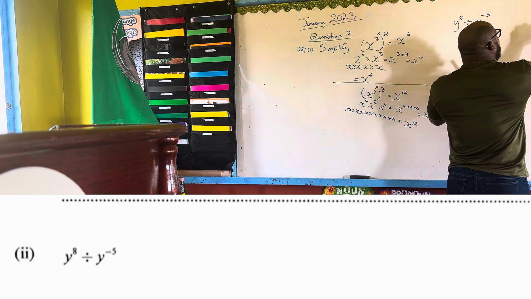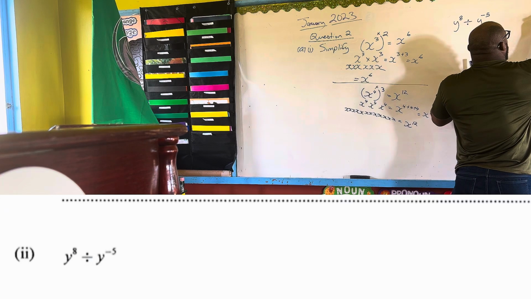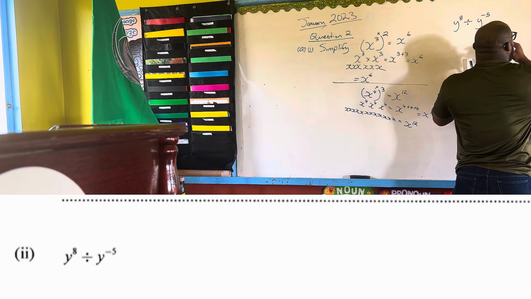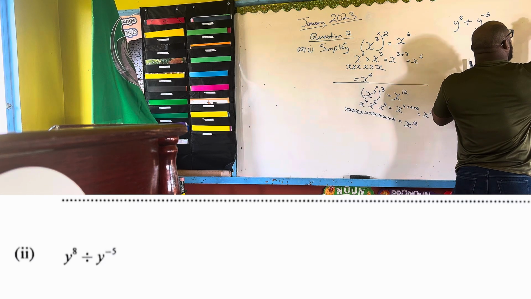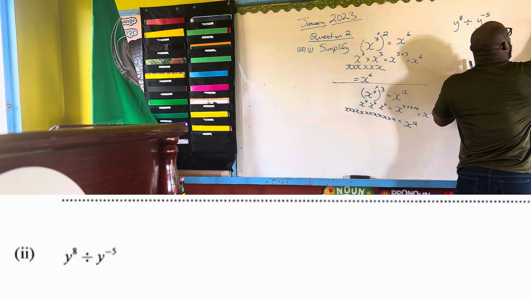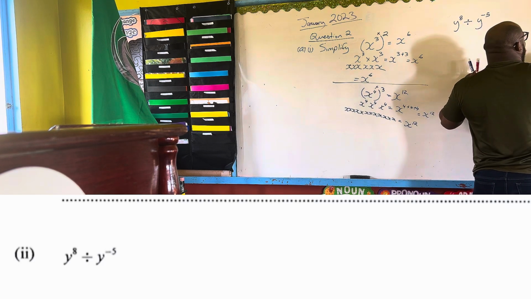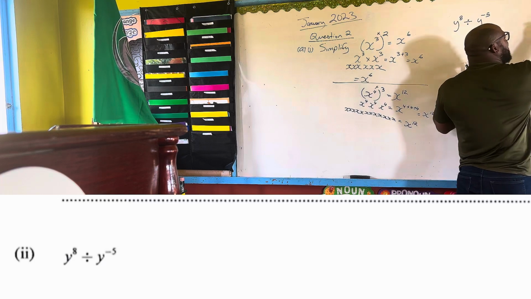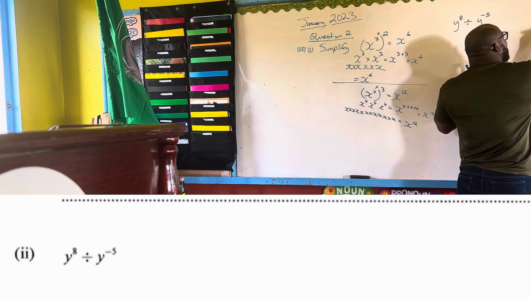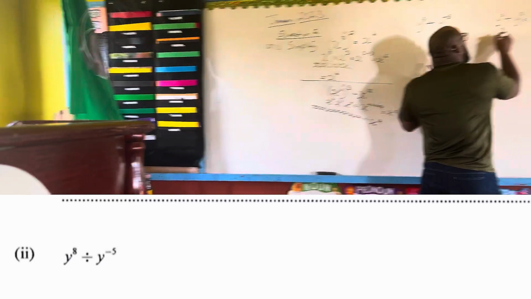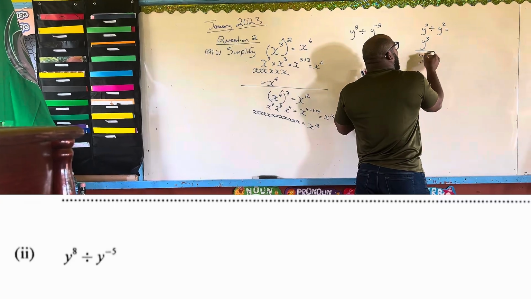So I have y cubed divided by y squared. Watch this, right? I'm going to write it two different ways. If you can understand, y cubed divided by y squared.